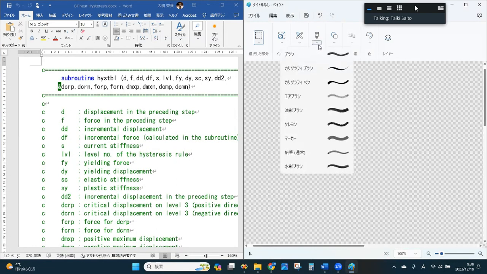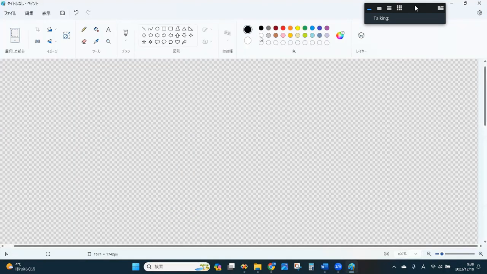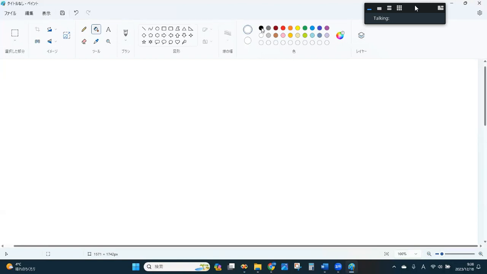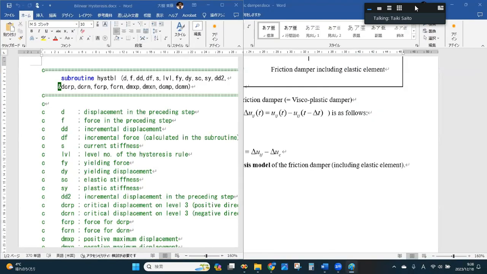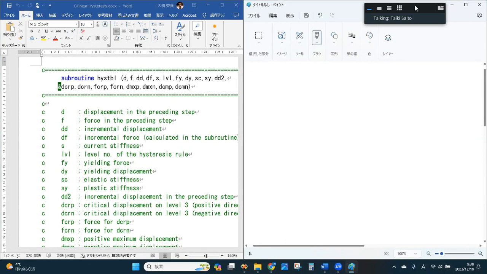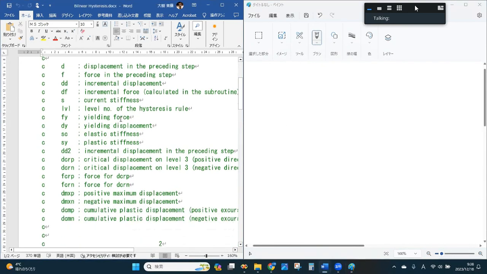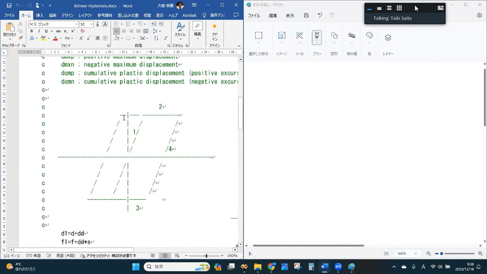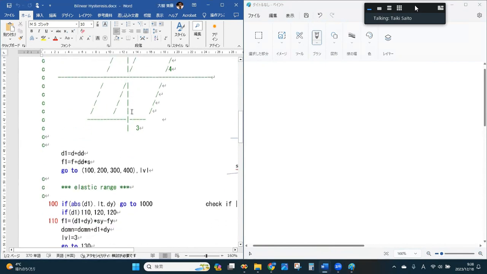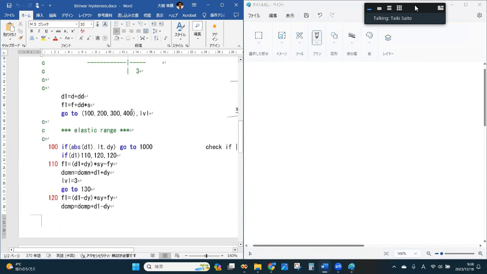Sorry, it's written in Fortran, but actually the algorithm is maybe same.